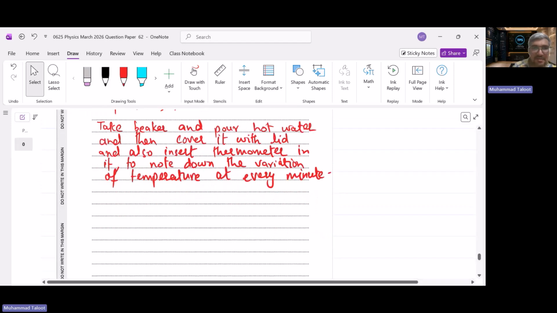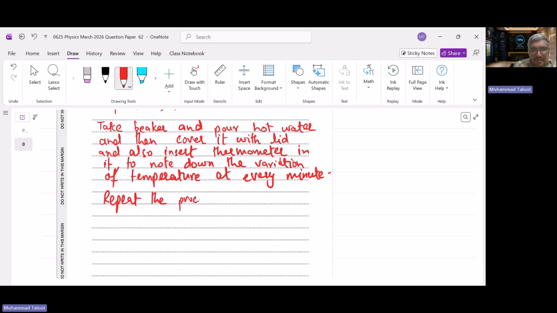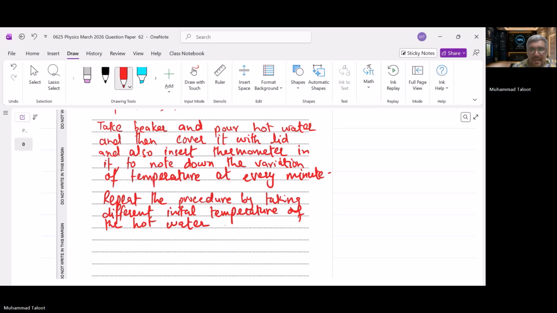By the way, this is a very easy question. Then repeat the procedure by taking different initial temperature of the hot water, and record the values of temperature at every minute.